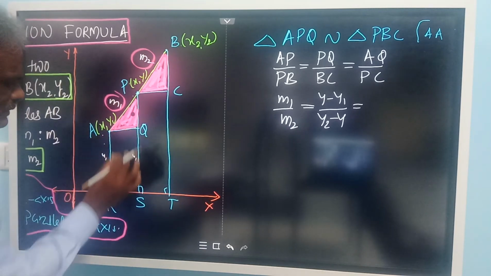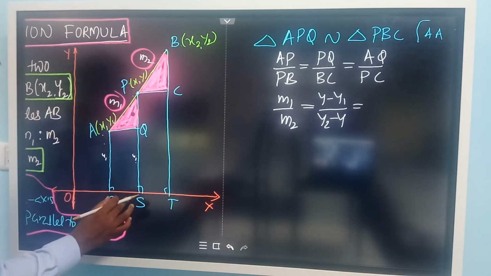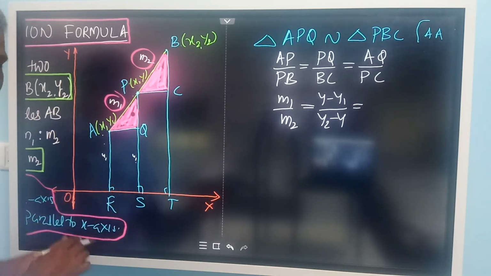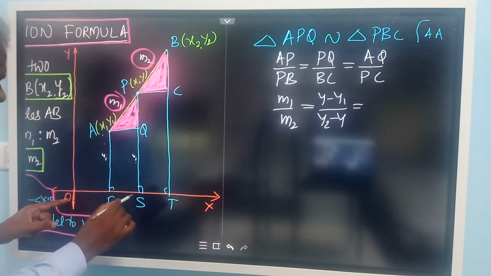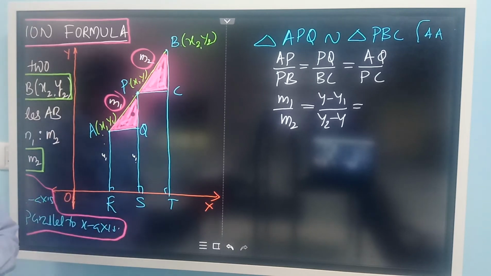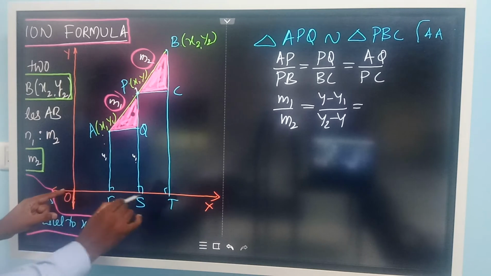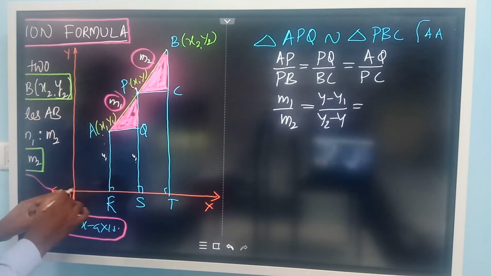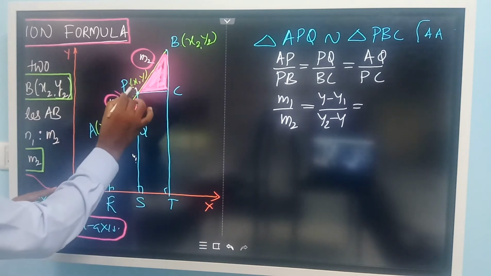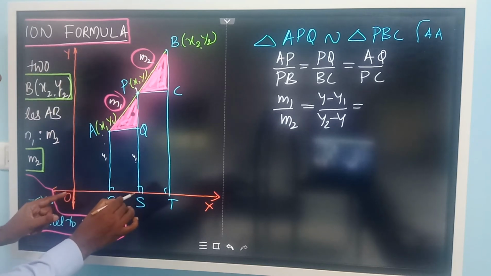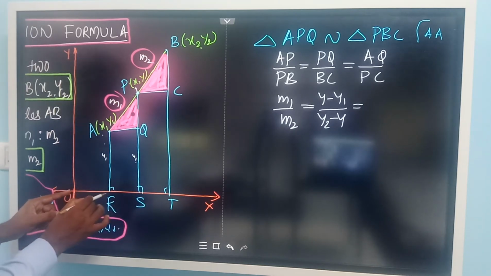AQ is same as RS. RS are the 2 points on x-axis. It can be calculated OS minus OR. What is OS? This distance, horizontal, x value. What is x value here? It is x only. OS is equal to x minus OR.